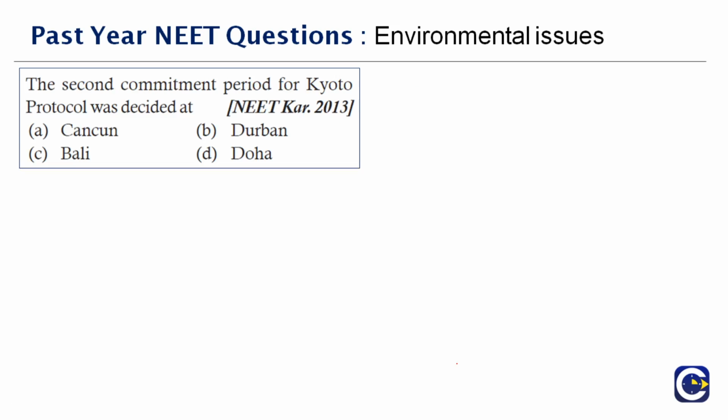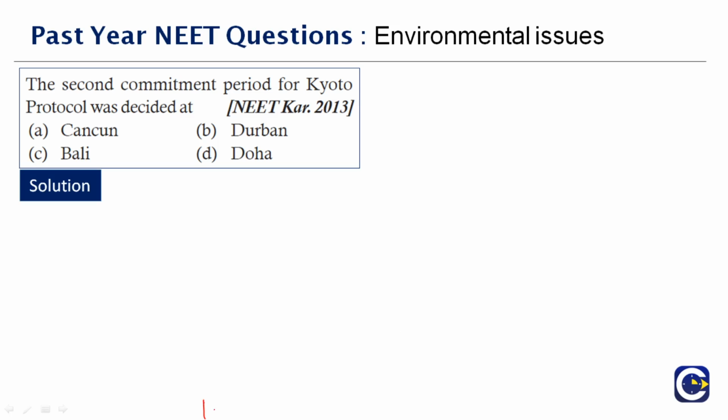Next question here. The second commitment period for the Kyoto Protocol was decided at dash. We saw about this in the earlier question. It happened in Doha in Qatar. The Kyoto Protocol is an international agreement linked to the United Nations Framework Convention on Climate Change, which commits its parties by setting internationally binding emissions reduction targets.